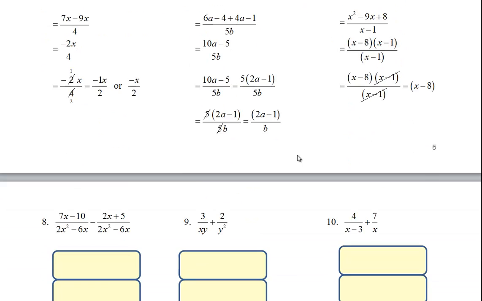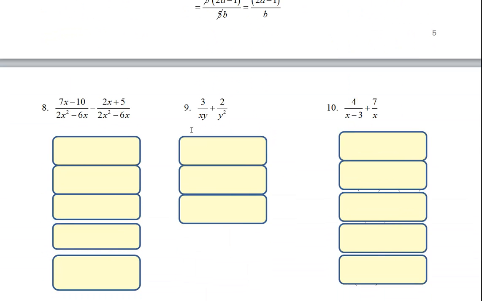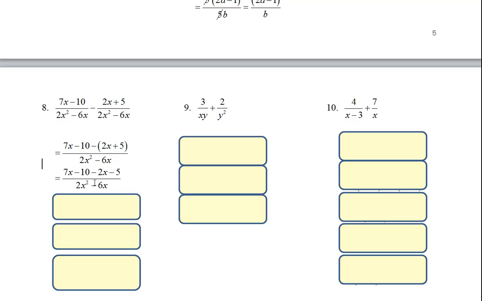Let's see what these other problems are. Still, they're staying nice. Common denominator, so let's put our numerators together. Be careful here, because when you have a subtraction, you're subtracting the whole numerator, and if you remember, a negative will change all signs. Now combine like terms.